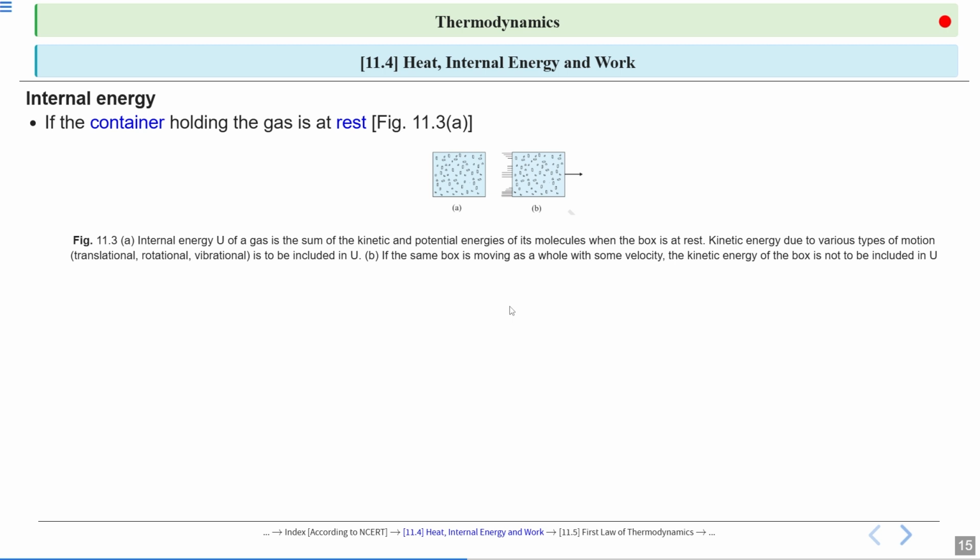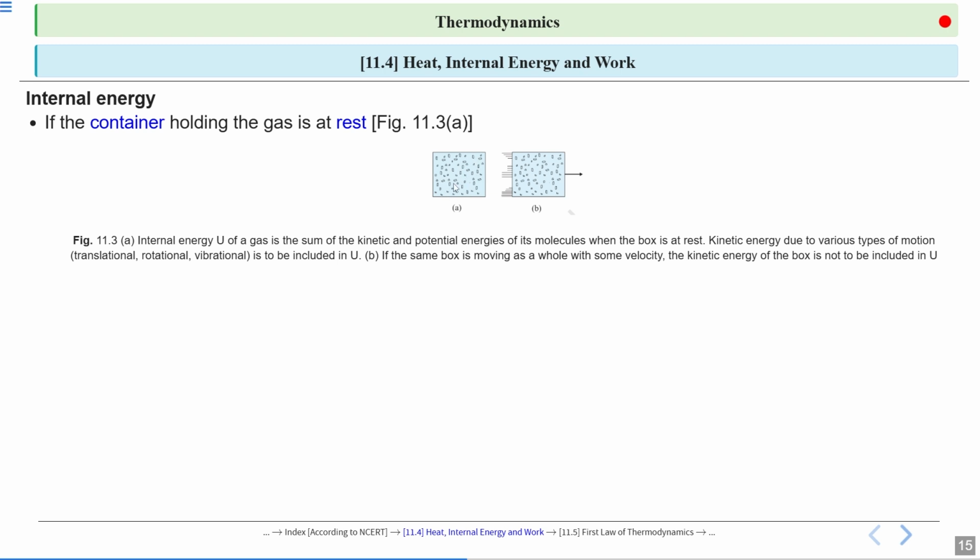Now, what about the internal energy? The particles are at rest. The energy due to motion of the molecules plus the energy due to molecular configuration is the internal energy.